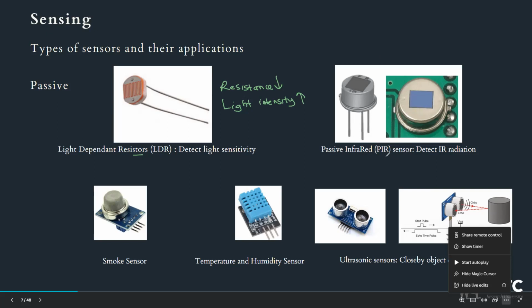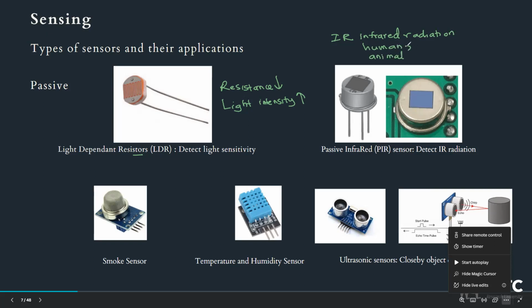So we call this a PIR sensor. The PIR sensor is able to detect the IR radiation in the atmosphere or in the nearby area. The infrared radiation is a radiation that we can observe when we have some kind of a human or some kind of animal in the environment.